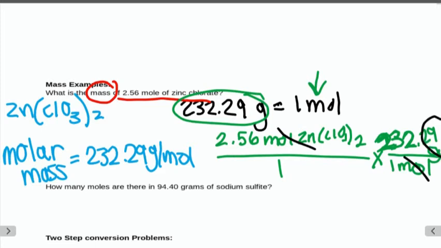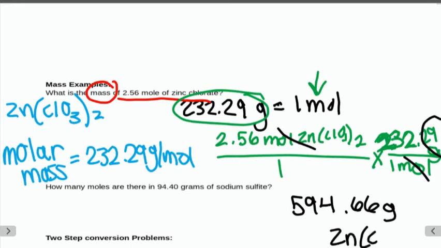So in your calculator, you will do 2.56 times 232.29, and you will get 594.66 grams of zinc chloride, which you can write out the name or you can write out the formula. And we already went over the formula, so you can just write what it's given. That would be your final answer.